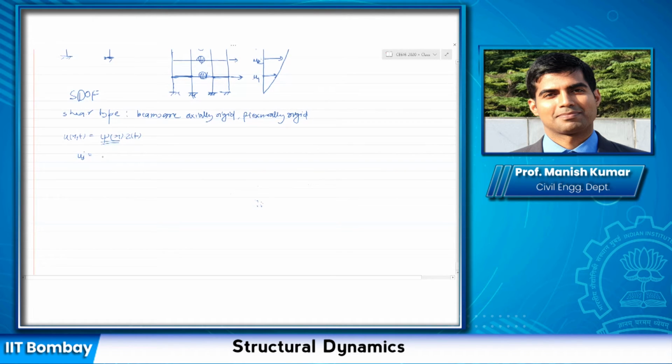And if I want to write it in terms of a vector, this would be u1, u2, uj, un. This vector is nothing but phi 1, phi 2, phi j, and phi n times z(t).